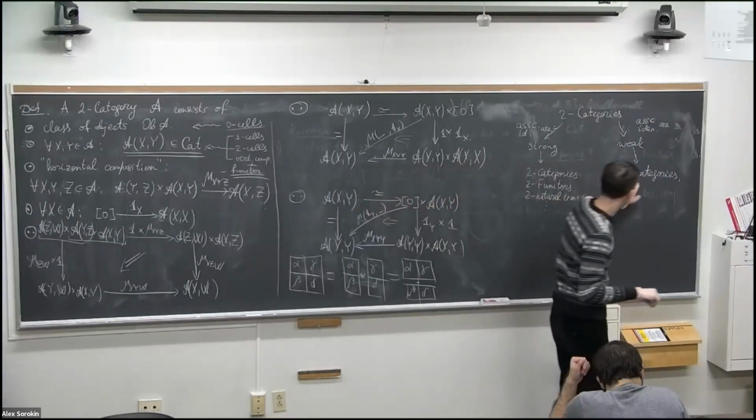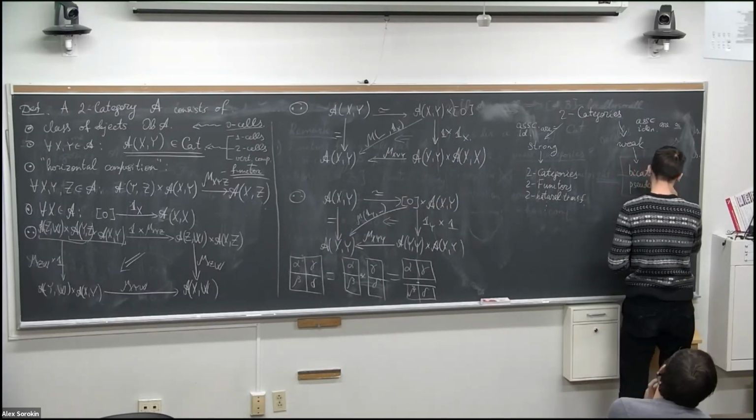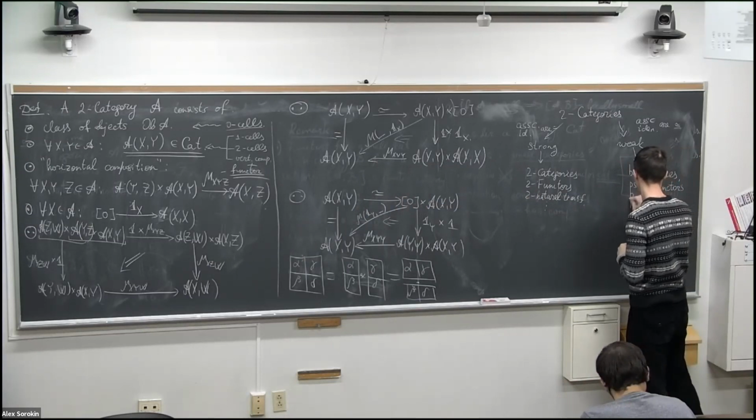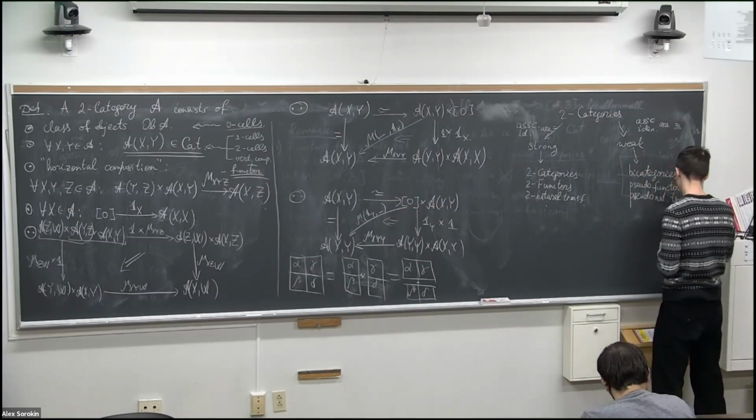In this way, we will have pseudo functor, pseudo natural transformation. That's it.